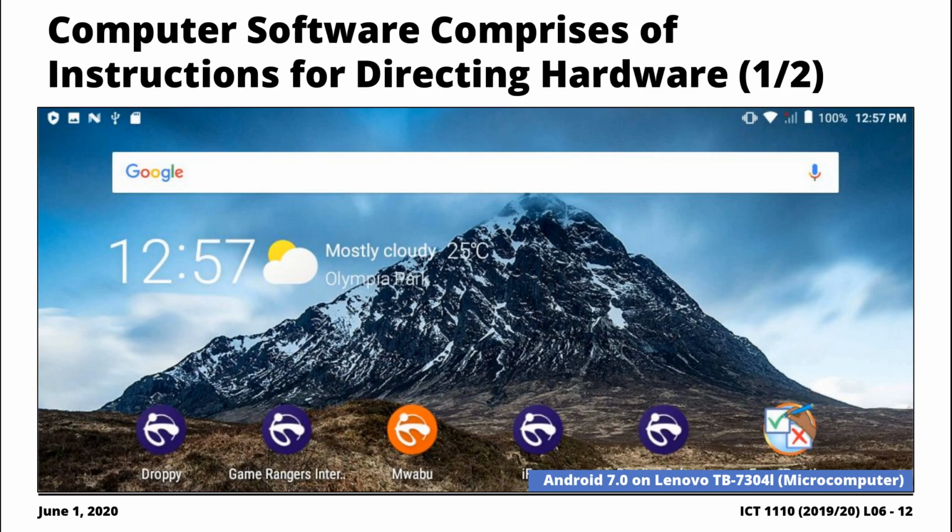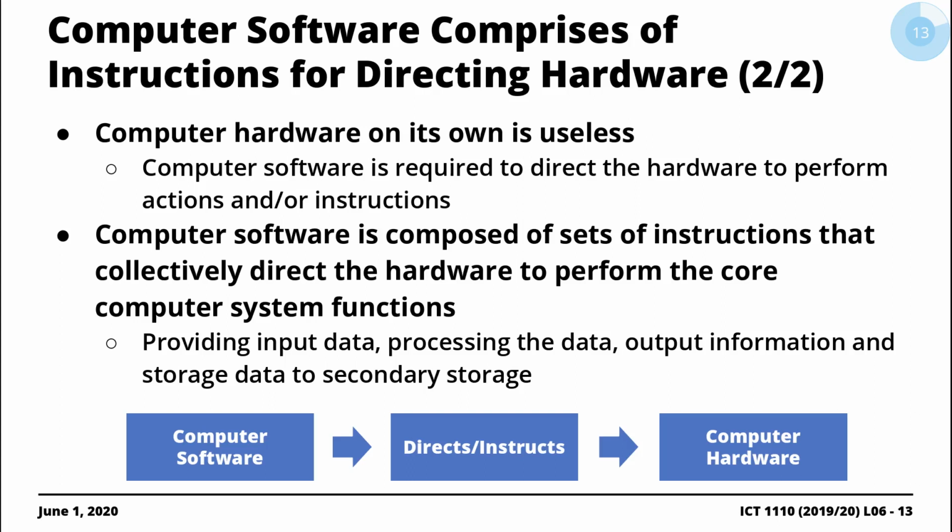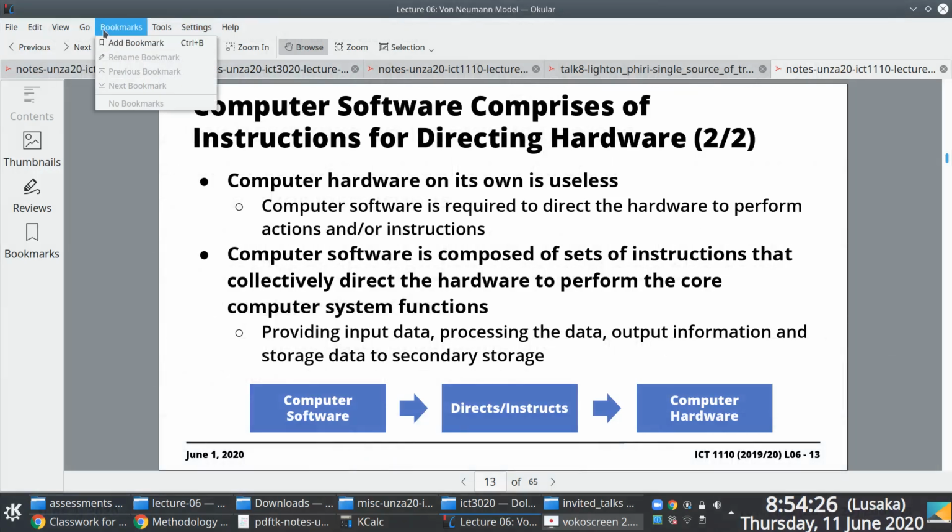Or it could be firmware in certain instances, like for single function devices, like embedded systems, for instance. Again, essentially what's happening behind the scenes here is you have computer software directing the hardware to perform a specific function.